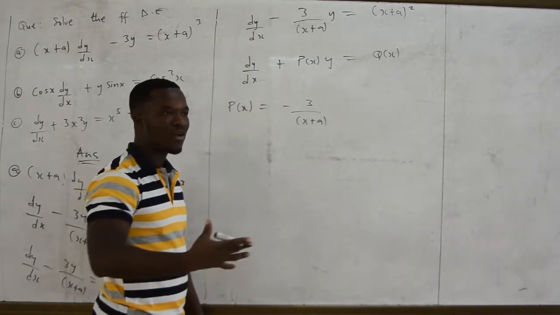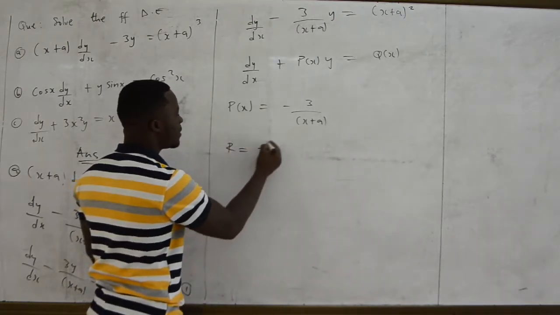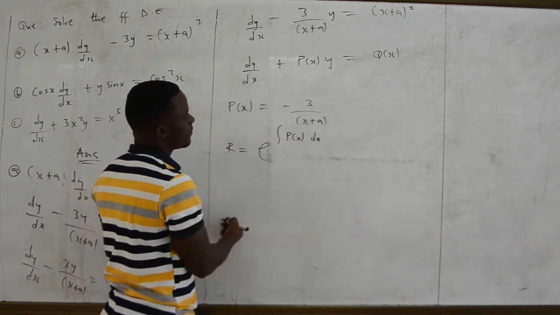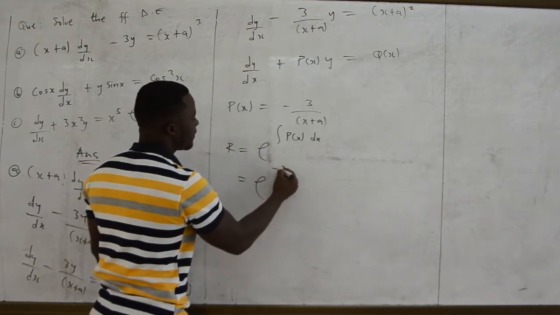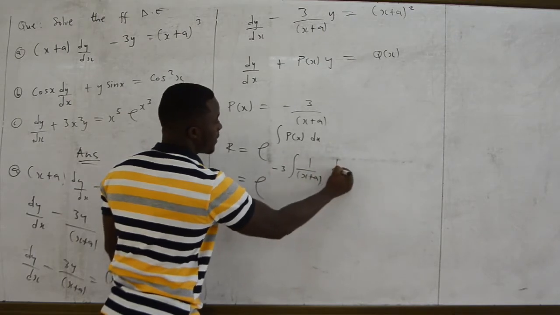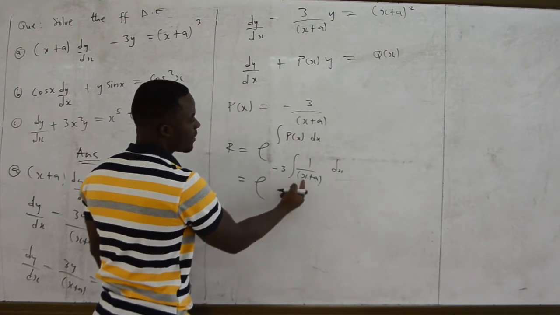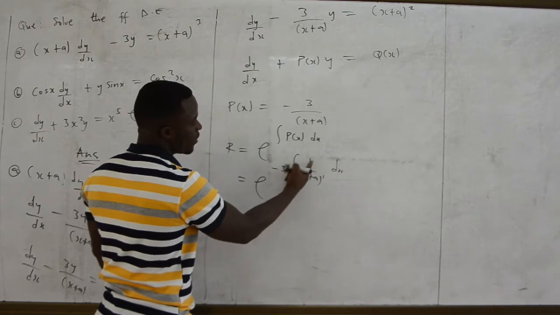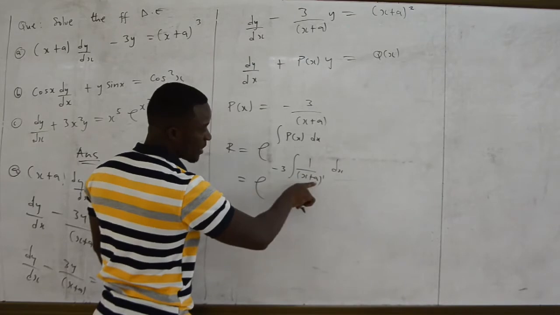Then I'll move on to the next step. The next step says that we should find our integrating factor r, which goes by this formula: r is equal to e to the power of the integral of p of x dx. So I have negative 3 times the integral of 1 over x plus a dx. When I integrate this, I get ln of x plus a.